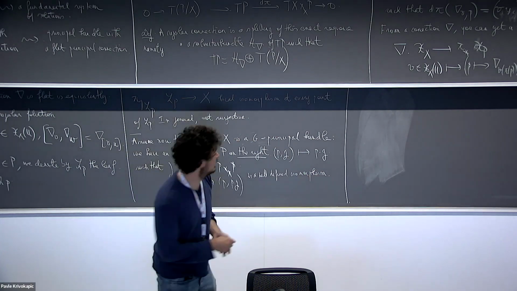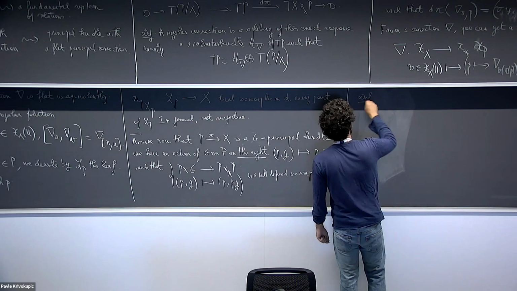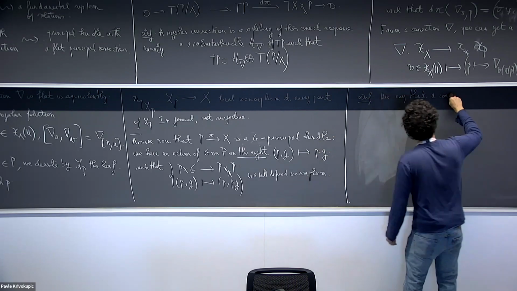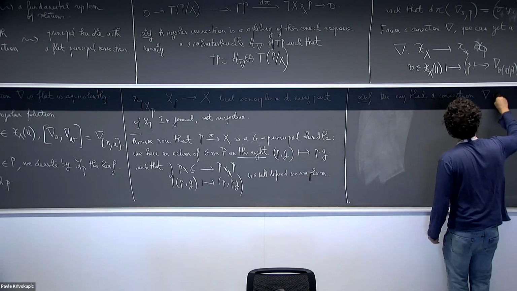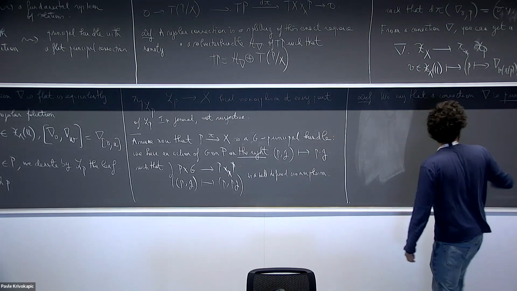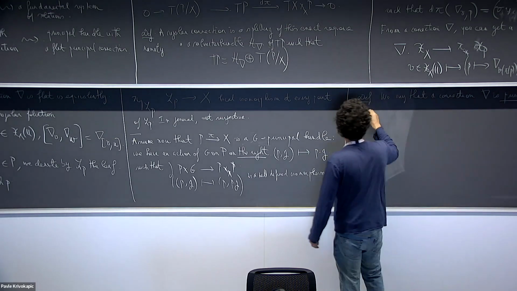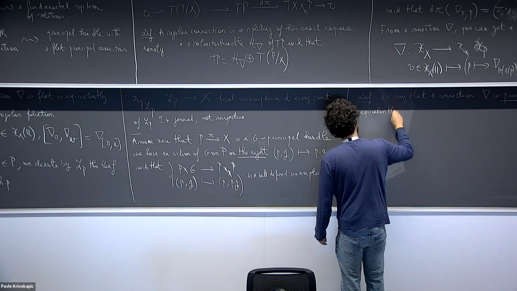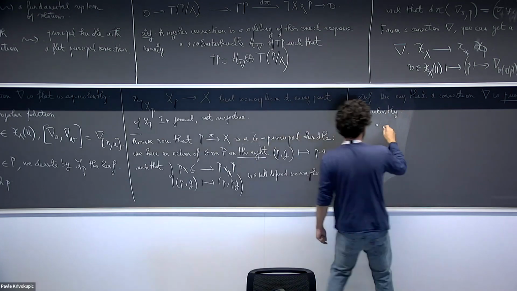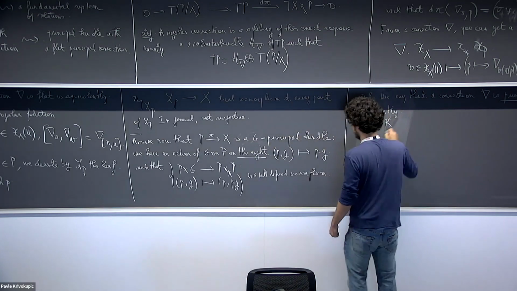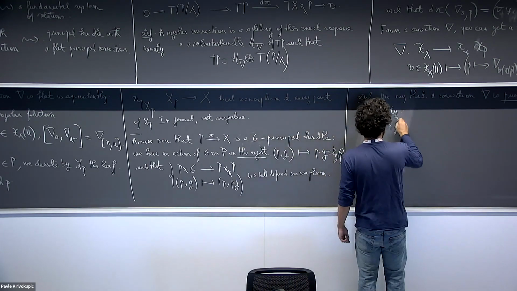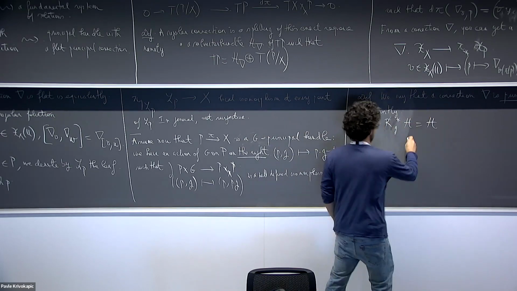Okay, so now we say that the connection is principal if, equivalently, the following thing happens. When you think about H delta, if you take R_g, and you pull back your foliation H delta, you get H delta.